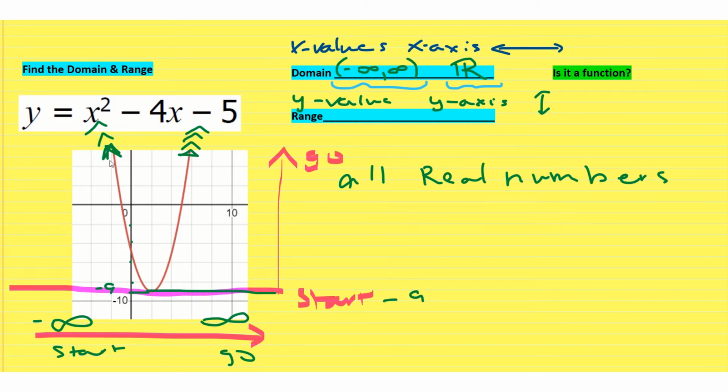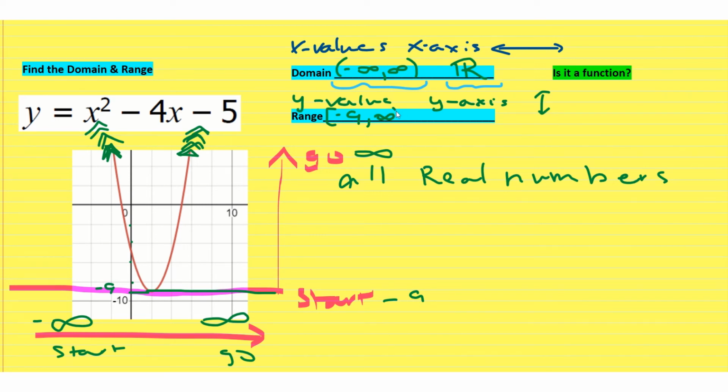And then again, these little arrows up here indicate that it is continuing on forever and ever and ever, which means that it's going to go to positive infinity. At the top are the positive values for the y-axis. It is going to start at the -9, and it is going to go to positive infinity.